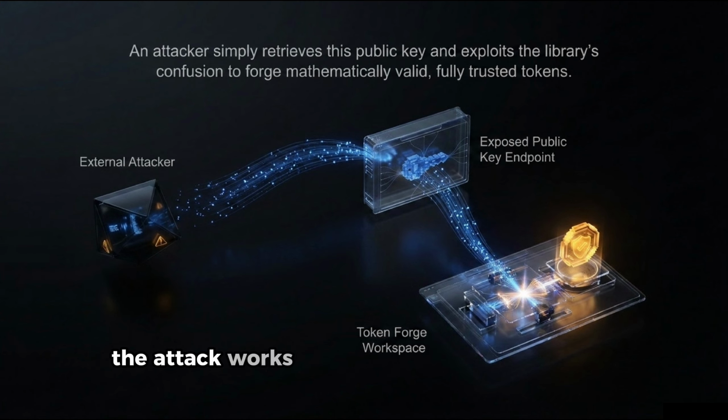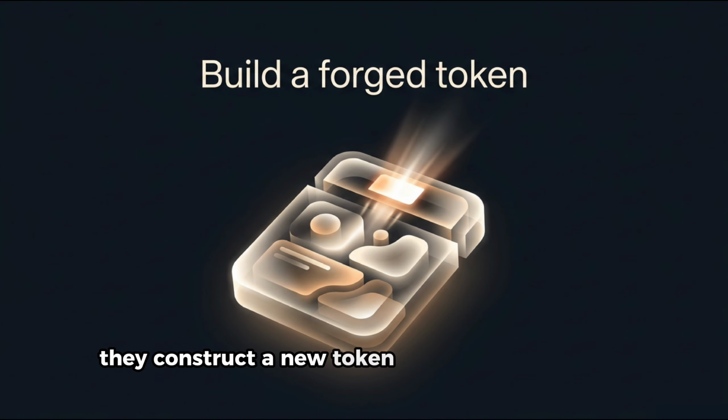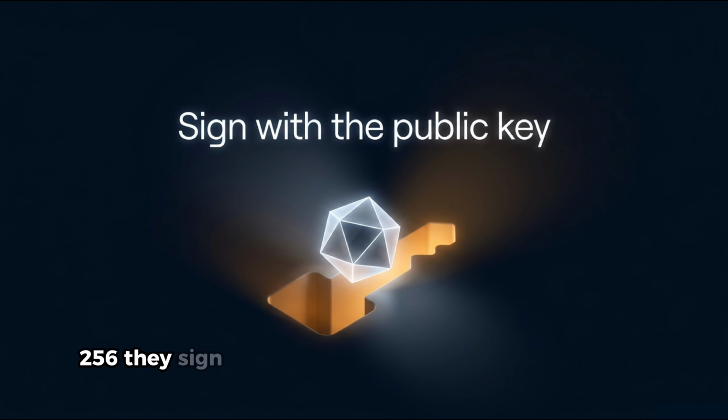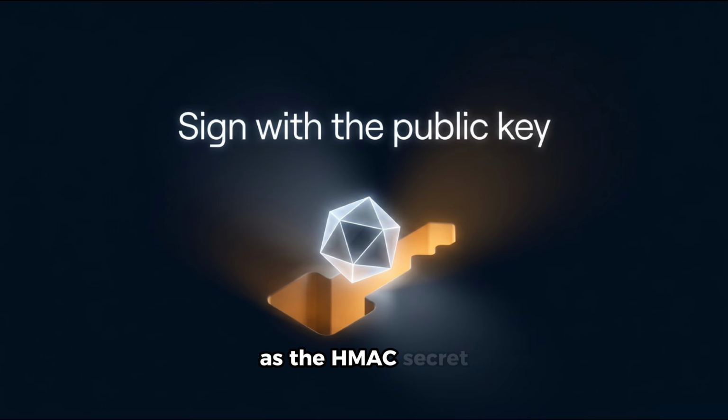The attack works by crossing those 2 classes deliberately. The attacker retrieves the server's RSA public key from the well-known endpoint. They construct a new token with modified claims, elevated privileges, and extended expiry, and set the algorithm field to HS256. They sign this token using the server's public key as the HMAC secret.